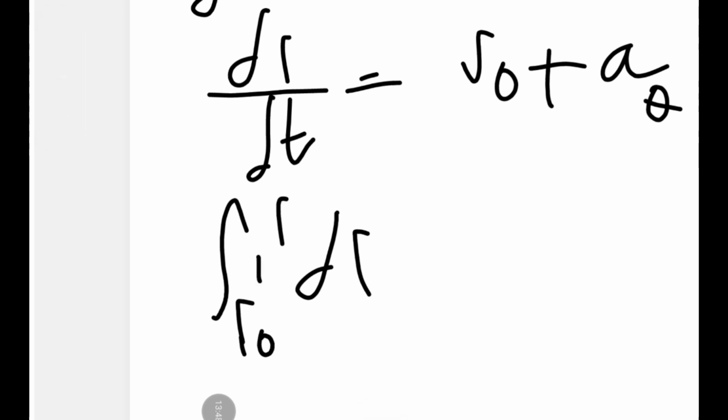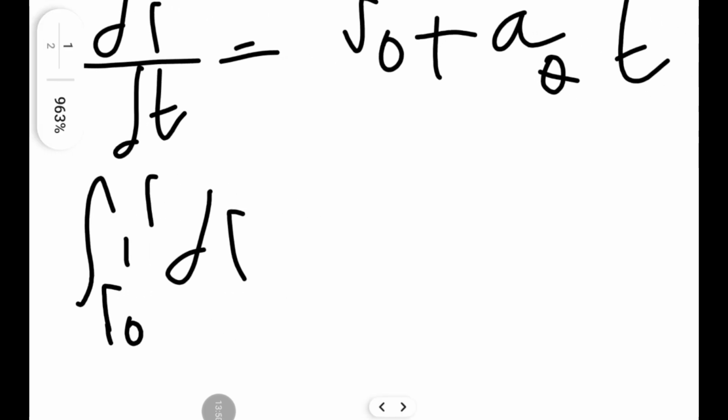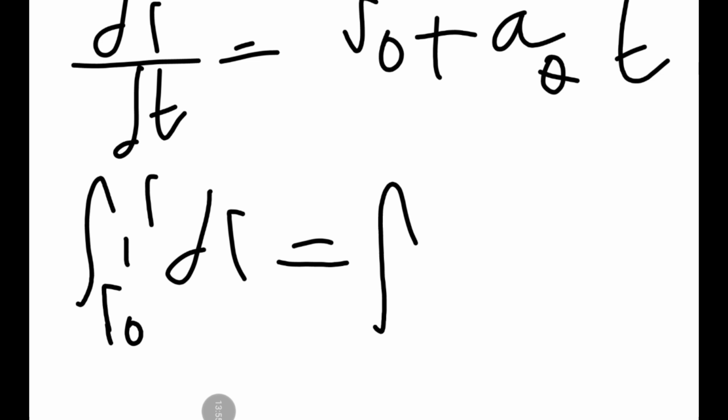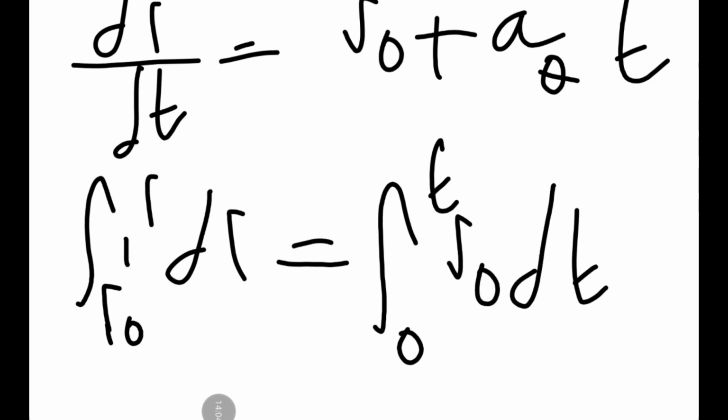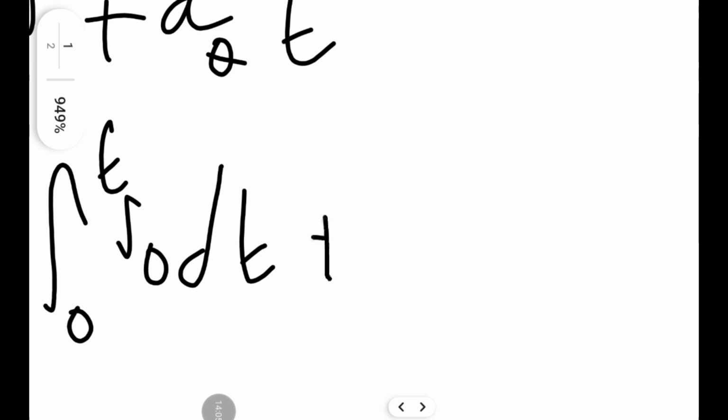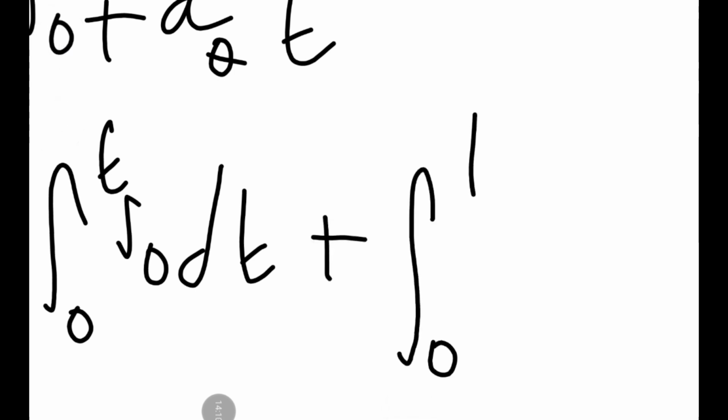So that integral will just be r, and that equals the integral between time equals 0 and t of v0 dt plus the integral between 0 and t of a theta t dt.